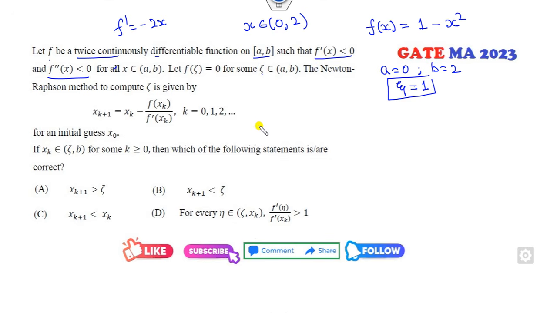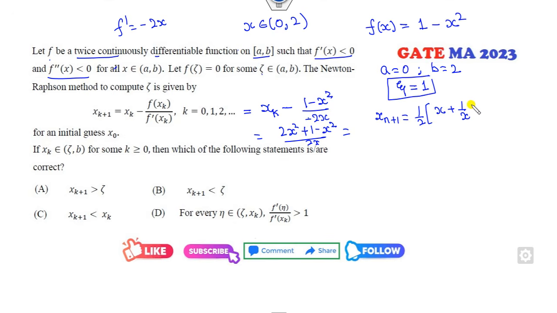Then Newton's method will be xk minus f over f dash, that is xk minus (1 minus x square) divided by minus 2x. So I can take the LCM. It's minus minus plus. It's (2x square plus 1 minus x square) over 2x. So I can write xn plus 1 as x over 2 plus 1 over 2x.